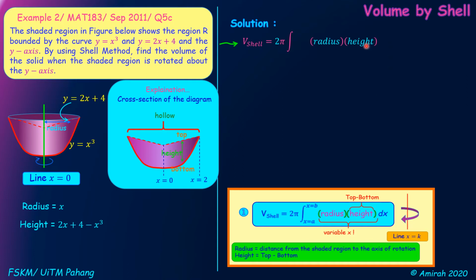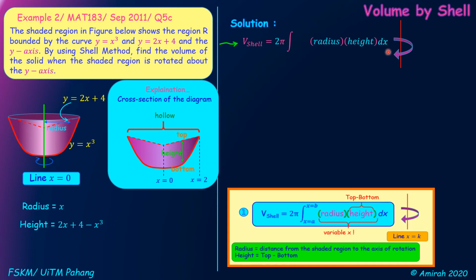To determine whether we need to integrate with respect to x or with respect to y, we can check the axis of rotation. From this question, our axis of rotation is a vertical line. Under the shell method, if the axis of rotation is a vertical line, we need to integrate with respect to x.